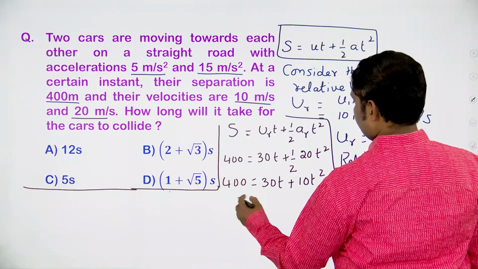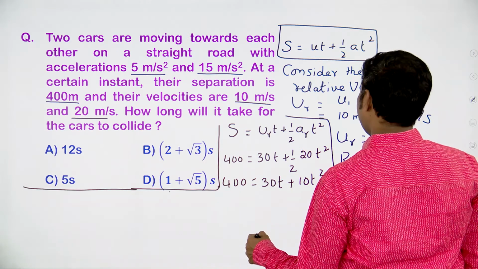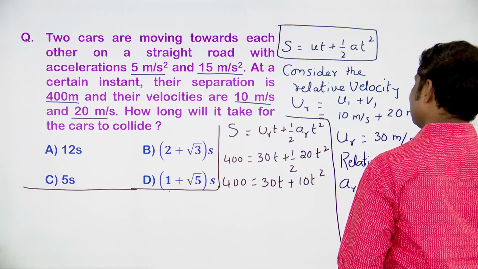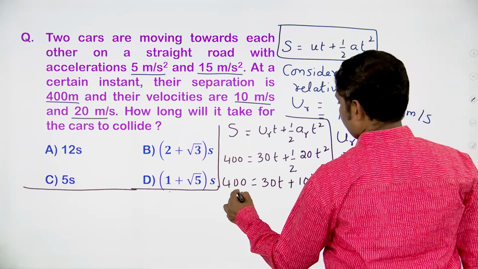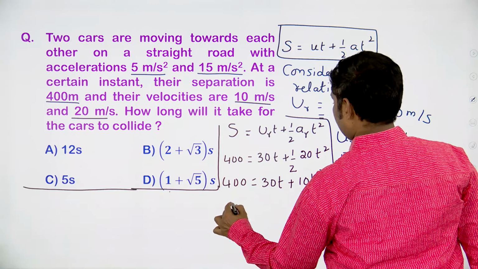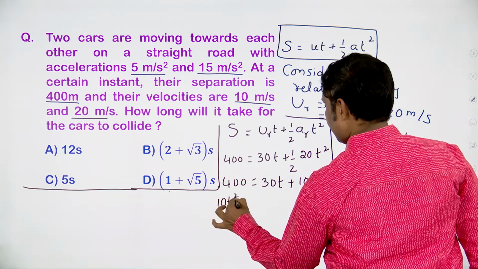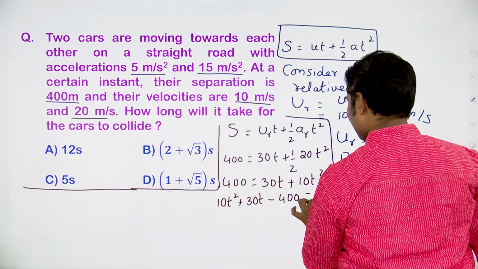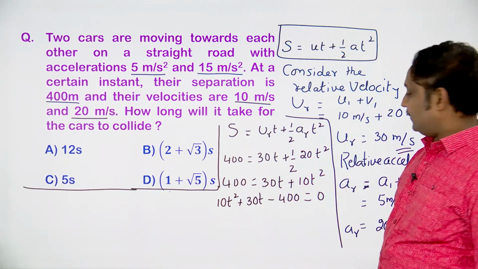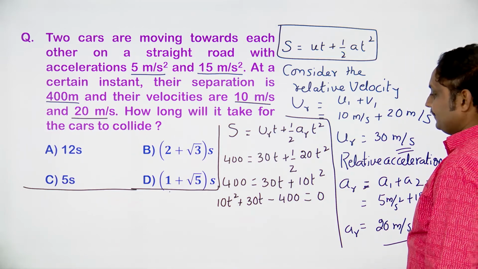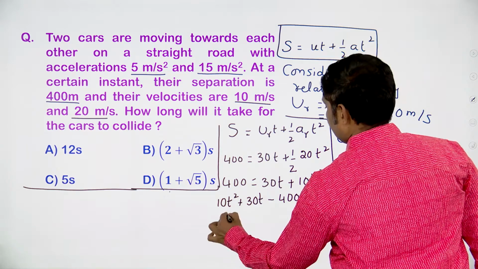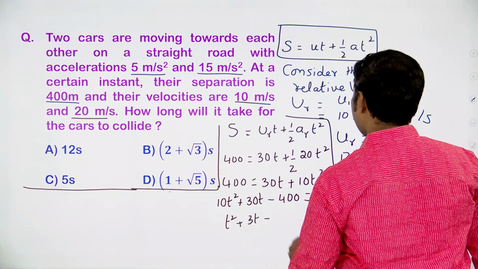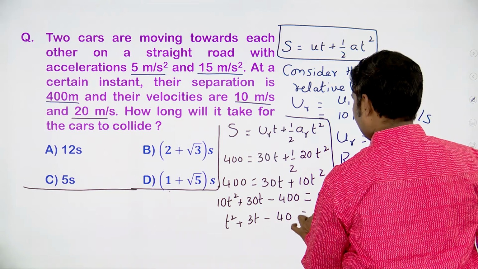If you get the cancellation, you have 10T square plus 30T minus 400 is equal to 0. If you simplify, you get T square plus 3T minus 40 is equal to 0.